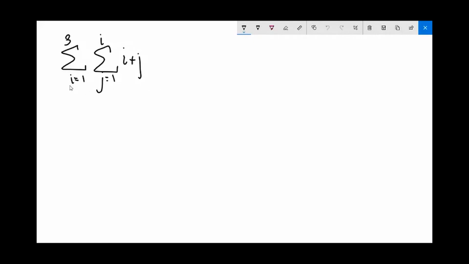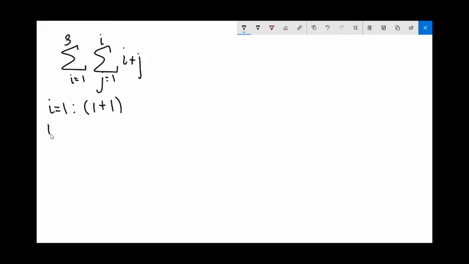So if we start with i equals 1, clearly this equation here will be running 1 plus j from j equals 1 to 1. So when i equals 1, this will just be 1 plus 1, and as we're only running to i, which is 1, we stop there.